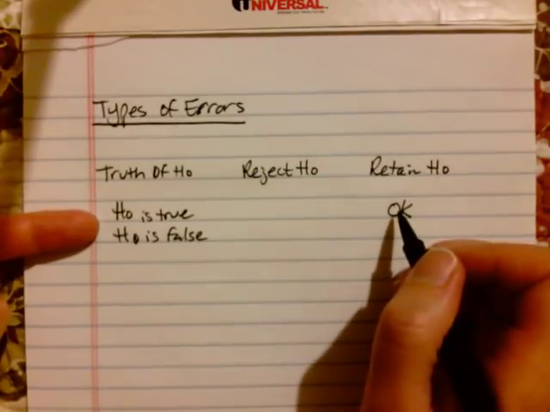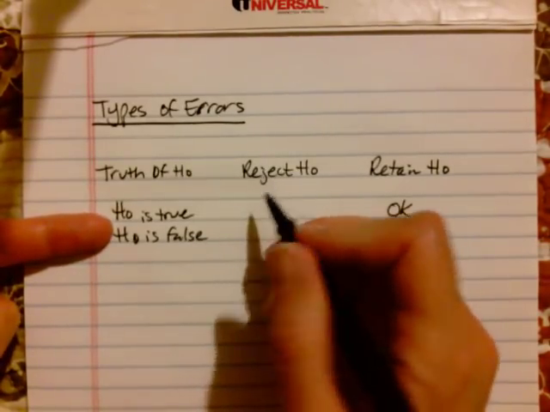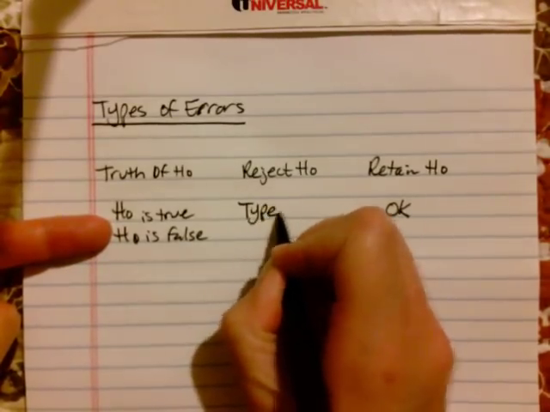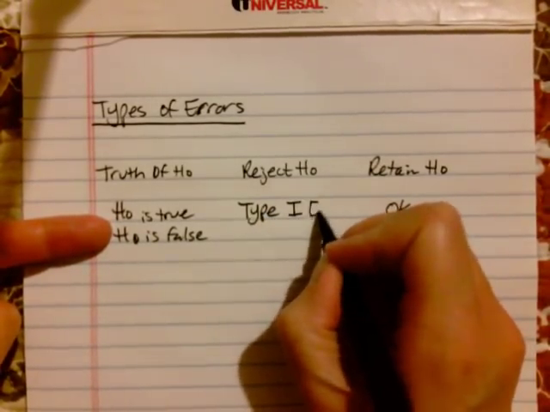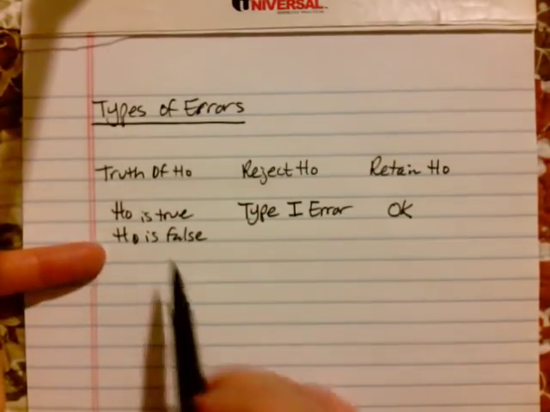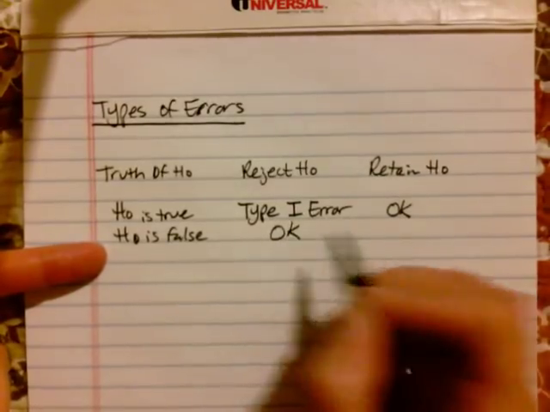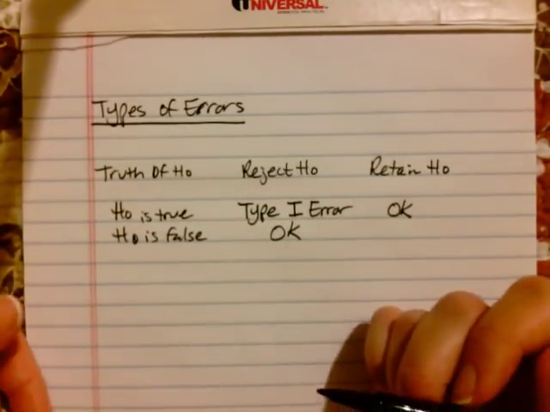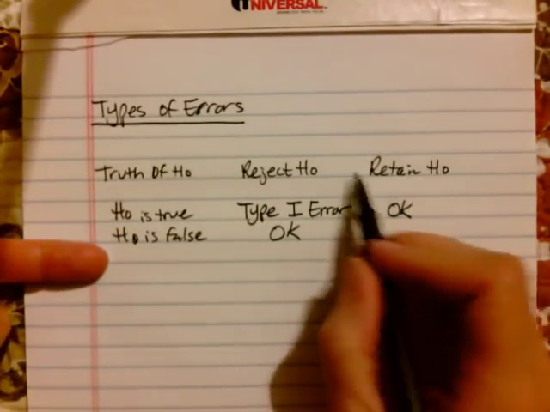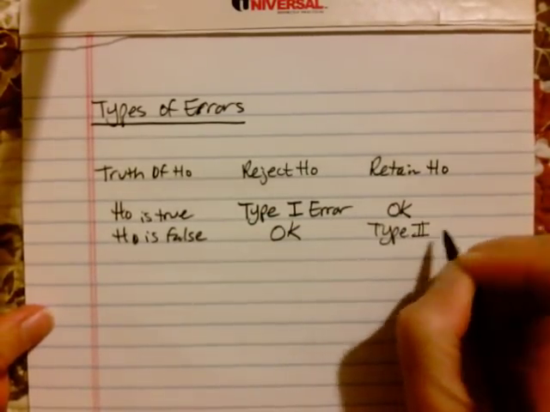We've made a good decision there. If the null is true but we mistakenly reject it, we have made what statisticians call a type 1 error. Similarly, if the null is false and we reject it, that's a good decision. We would want to reject a false null. But we could end up mistakenly retaining it, and if we've done that, we've made a type 2 error.